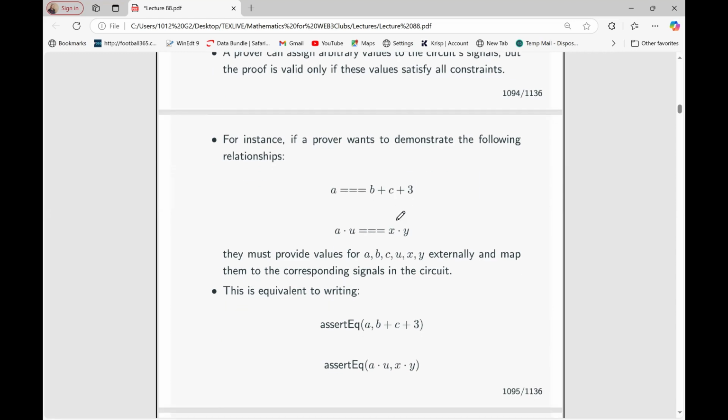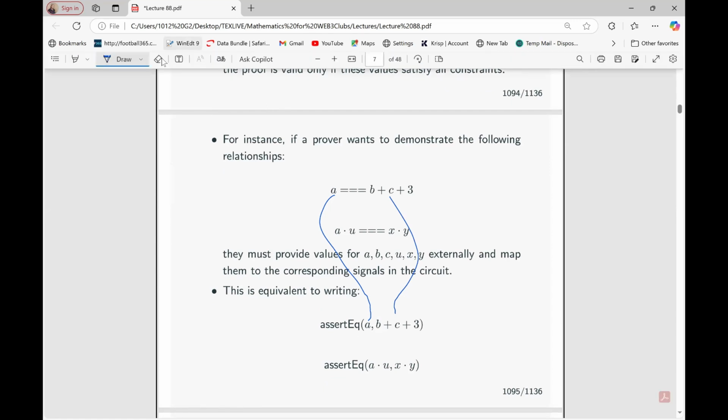Now I said that instead of writing this in Rust, you may also want to write it this way, and it means the same thing. You can see this is the same thing we wrote. The one on the left is here, assert equal, and whatever's on the right is here. Same thing for this other equation.